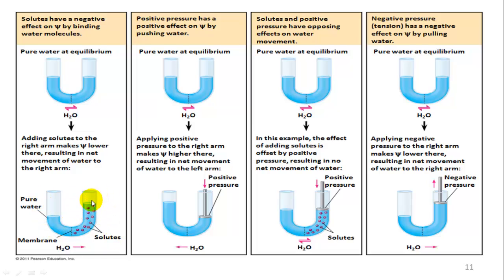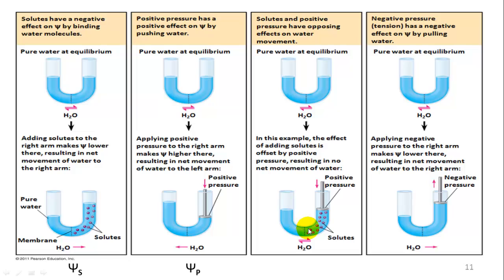Here we have a hypertonic solution, and water is flowing to the other side where the solutes are. This is an example of our solute pressure. Here we have a sealed tube which actually pushes water through the semi-permeable membrane. There are no solutes involved, so this is an example of our physical pressure.